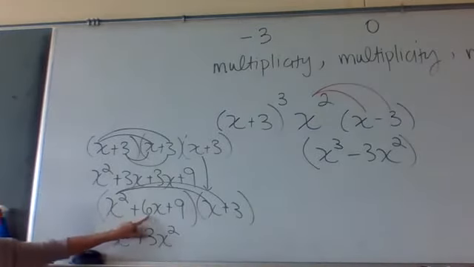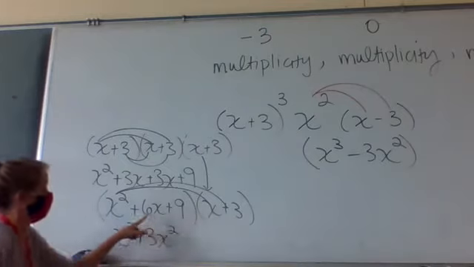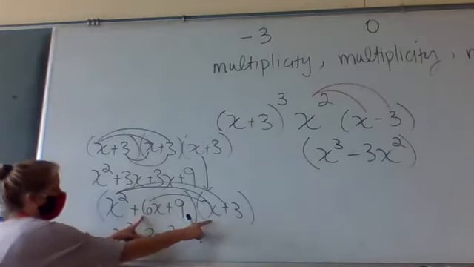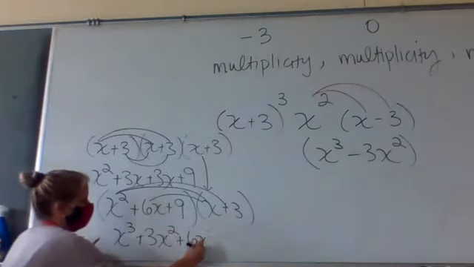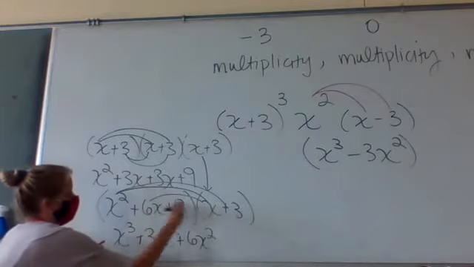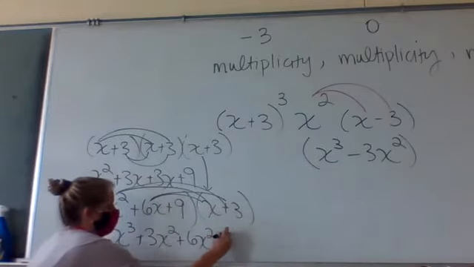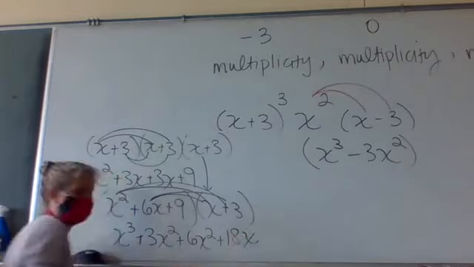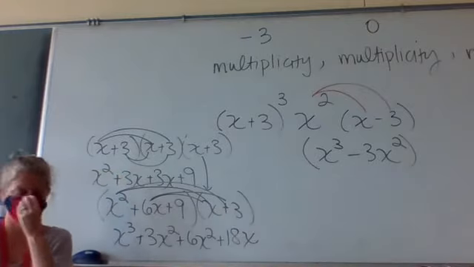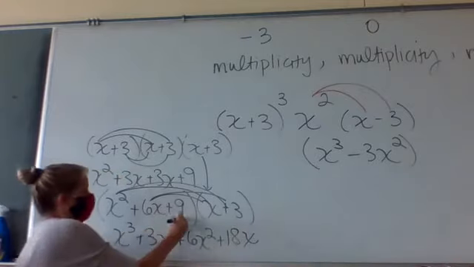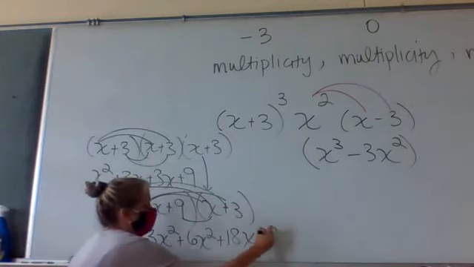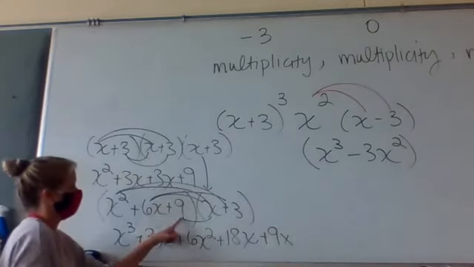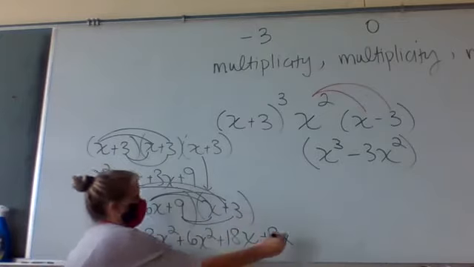Move to your 6x now and distribute it to both of those. So 6x times x gives me 6x squared. 6x times 3 is 18x. And then distribute the 9 to both of those. 9 times x is 9x. 9 times 3 is 27.